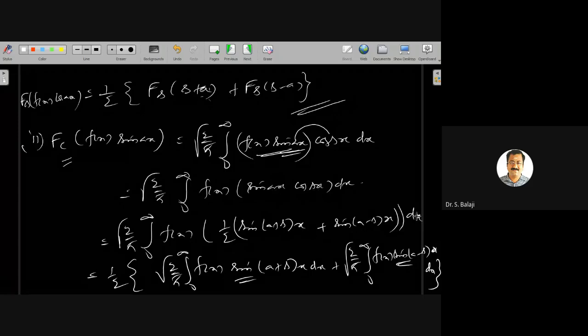So it is 1 by 2 root of 2 by pi integral f of x sin of (a plus s)x dx plus root of 2 by pi integral f of x sin of (a minus s)x dx.